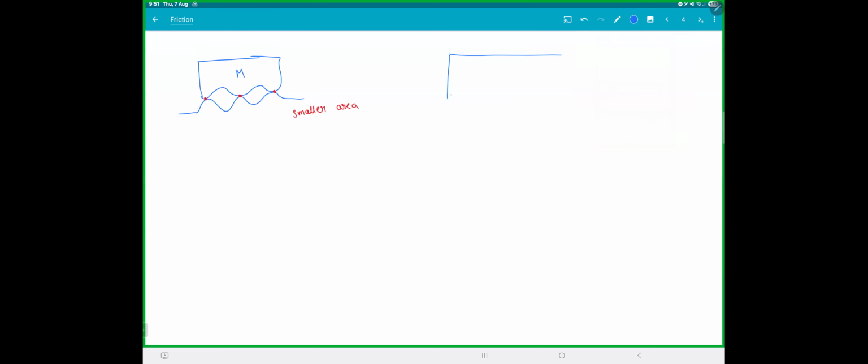Let's say we have a bigger block, same mass. Now you have more bonds. This is a larger area. Because there's a larger area, you're putting the entire weight on more points. So this will create lower pressure.